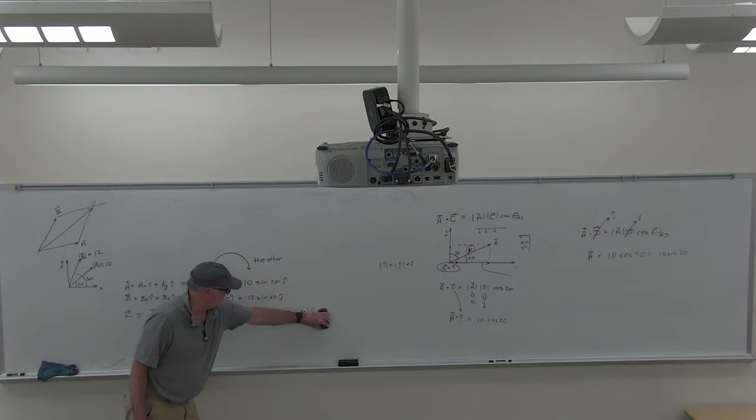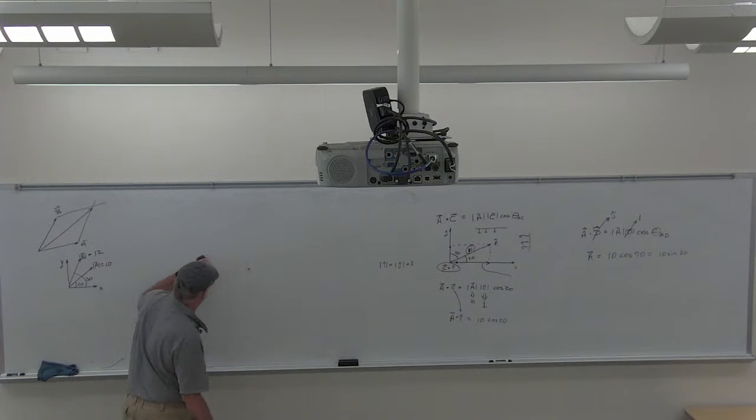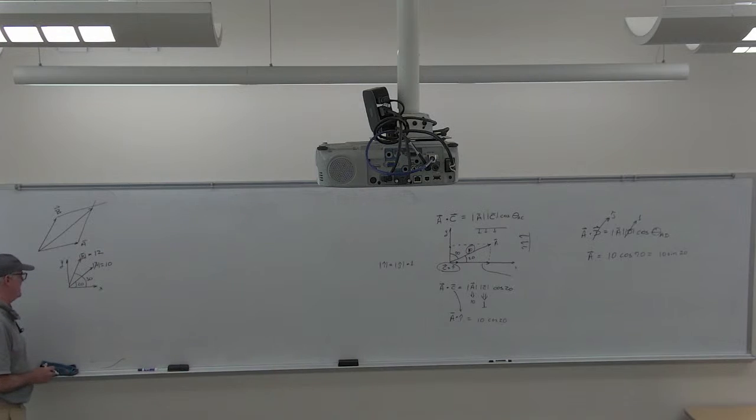So let's do something else with this dot product. It doesn't have to be just those two, any two vectors. So let's say we had two vectors. Shoot, I erased them all, didn't I?